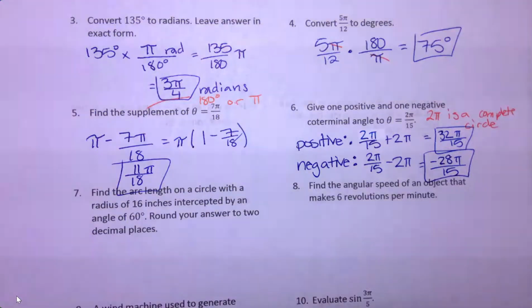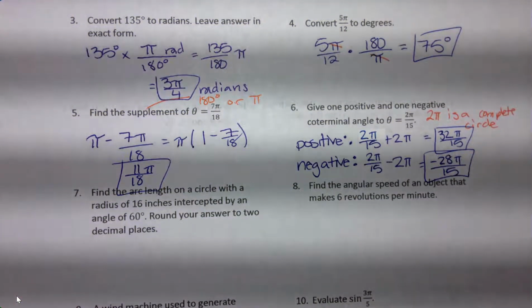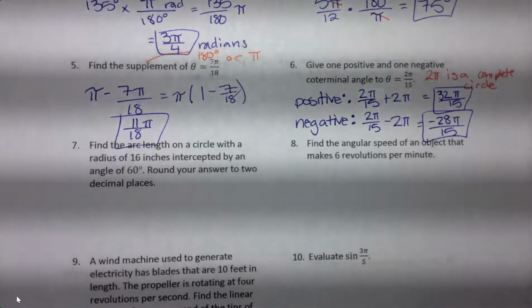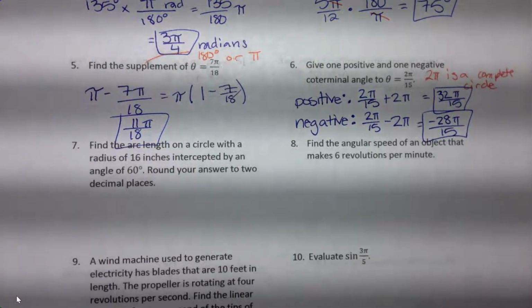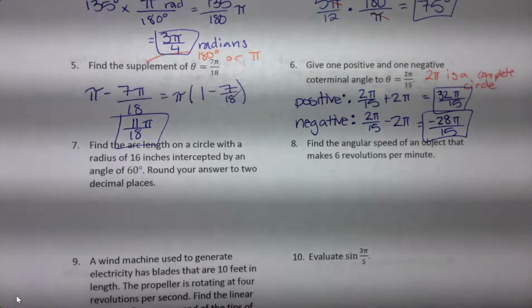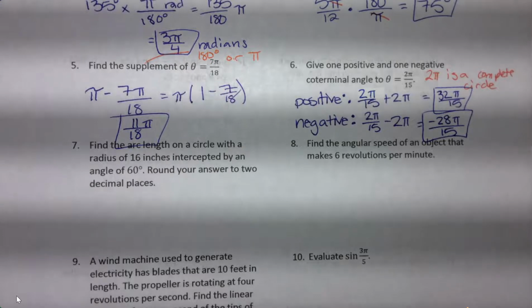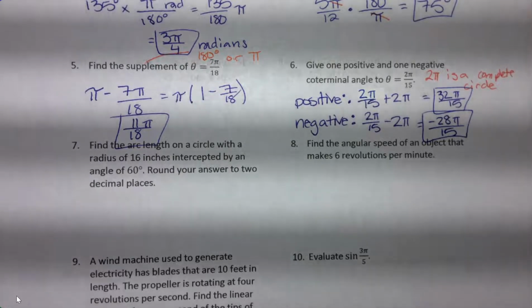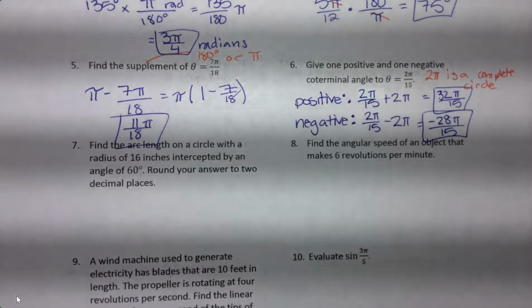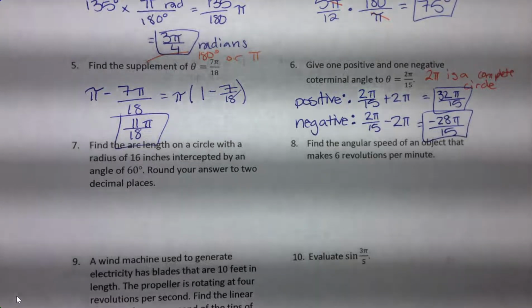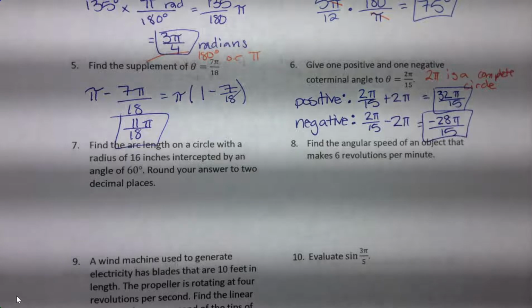Okay. On number 7, it wants me to find the arc length of a circle with a radius of 16 inches intercepted by an angle of 60 degrees. When I am finding arc length, I want to make sure my angle is in radians.